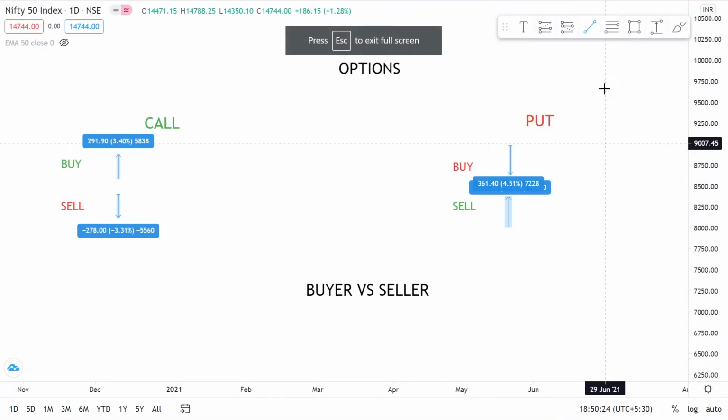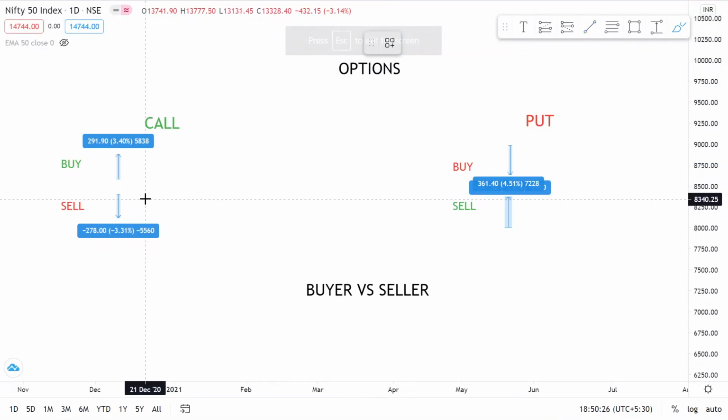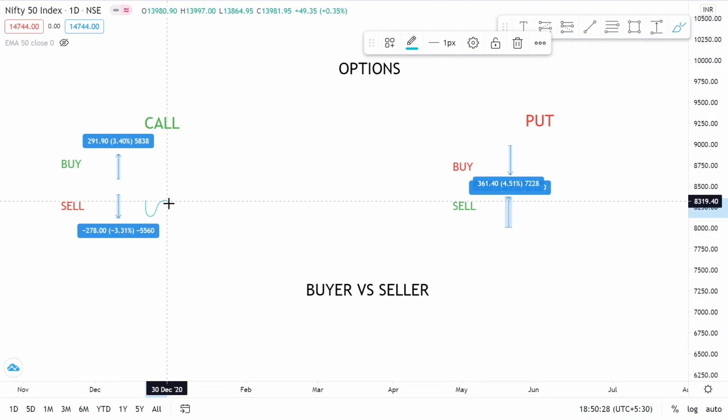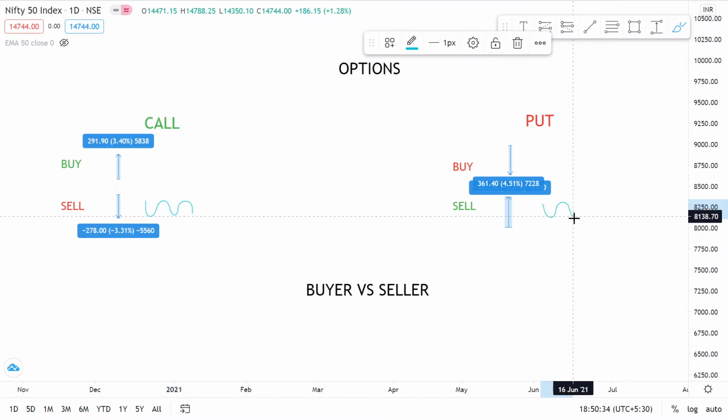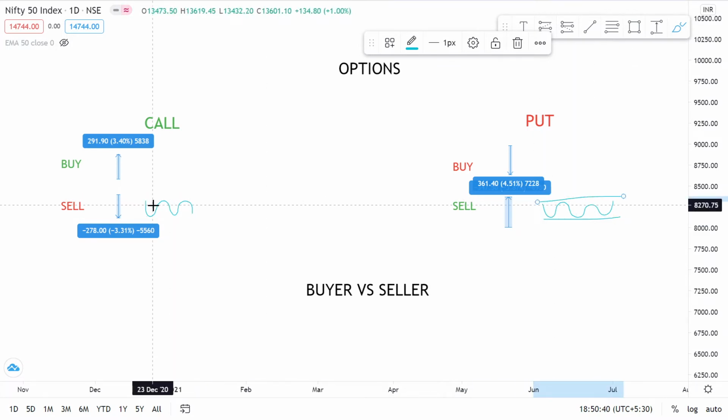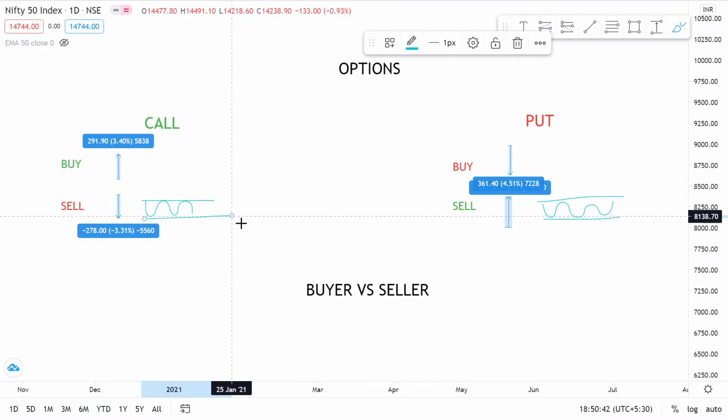Even when you think the market is going to go sideways, you can sell a call option or sell a put option in this scenario as well. In the same scenario, you can either sell a call option or a put option or both.